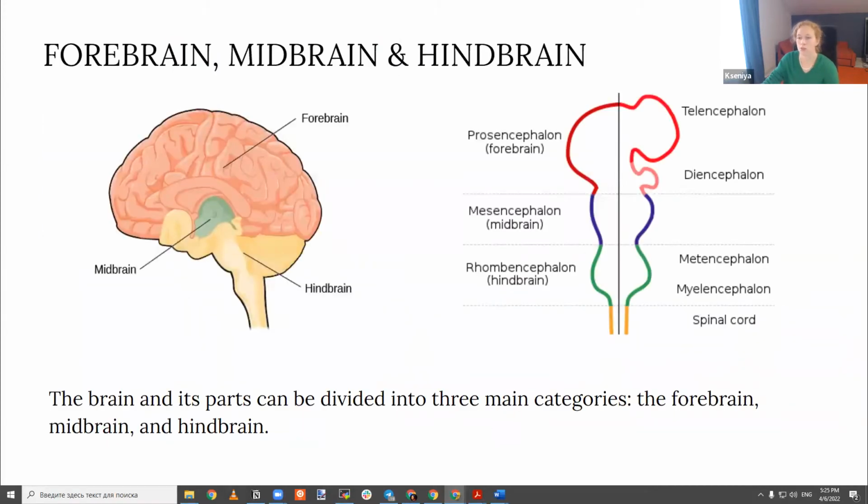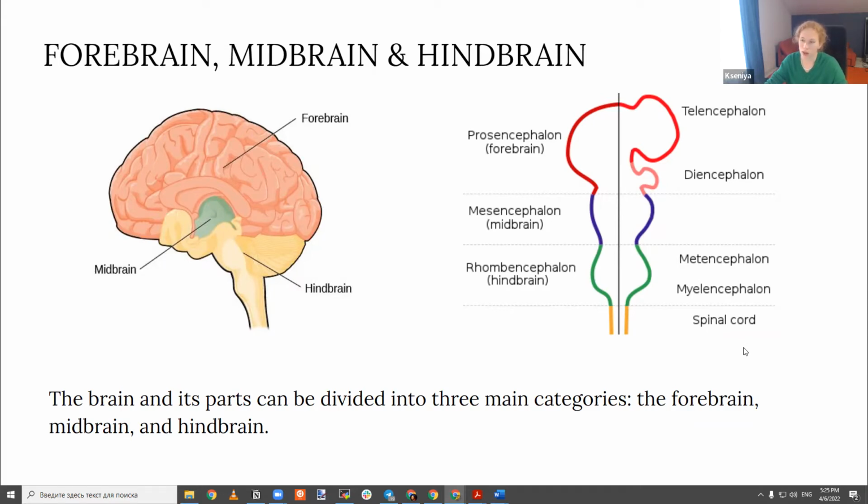However, the most popular division is of the brain into the hindbrain and forebrain. The brain and its parts can be divided into three main categories: the forebrain, midbrain, and hindbrain.